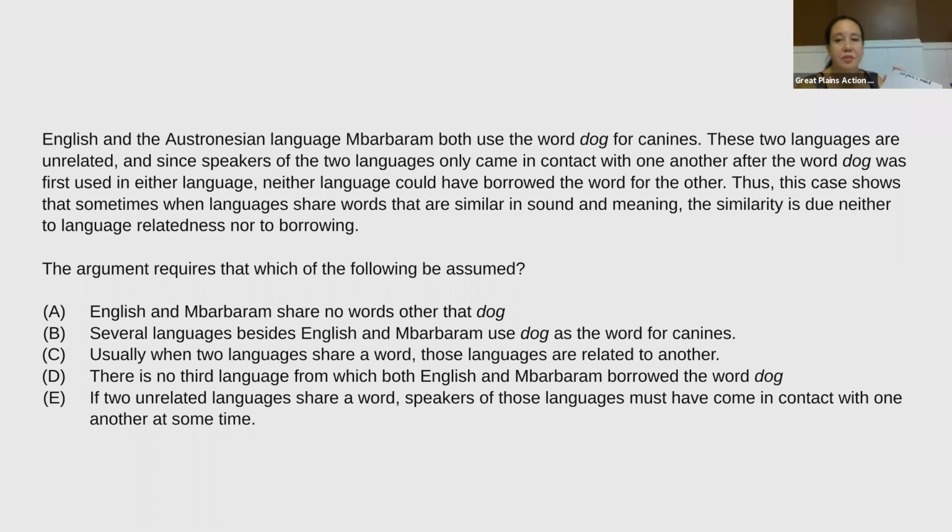Let's start with the conclusion. We look and we see the word thus. Thus, this case shows that sometimes when languages share words that are similar in sound and meaning, the similarity is due to neither language relatedness nor to borrowing.